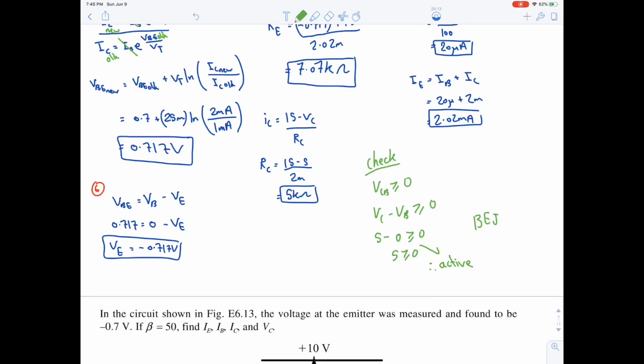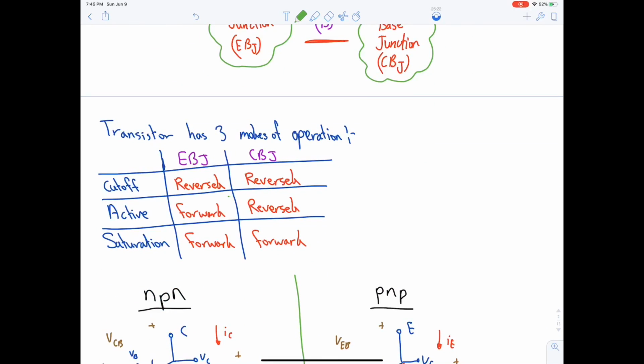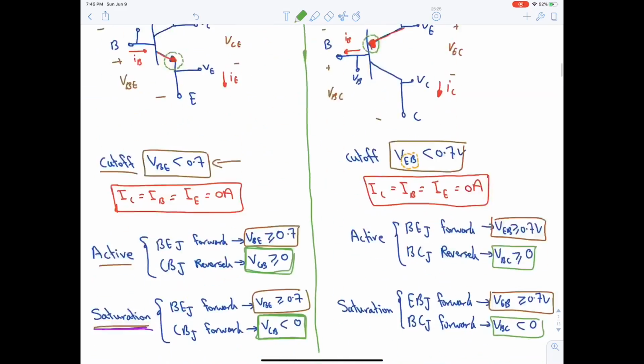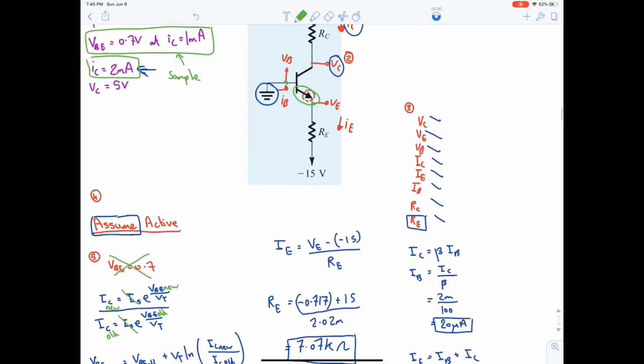Always the arrow will be forward in both active and saturation. You remember? In active and saturation, EBJ is forward. Here we have BEJ because it's NPN. In PNP it will be EBJ.